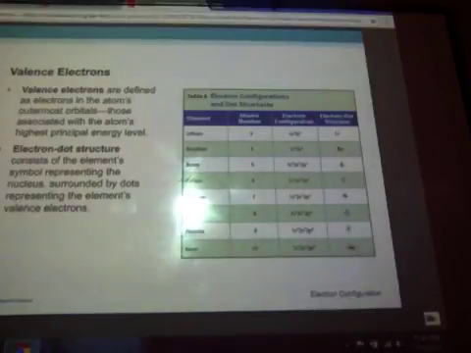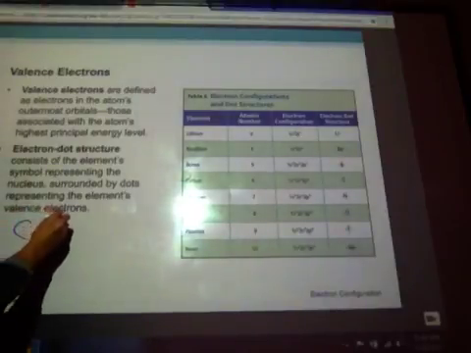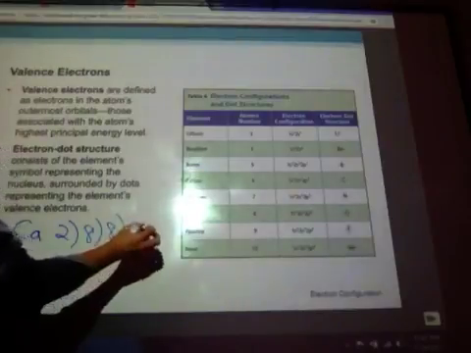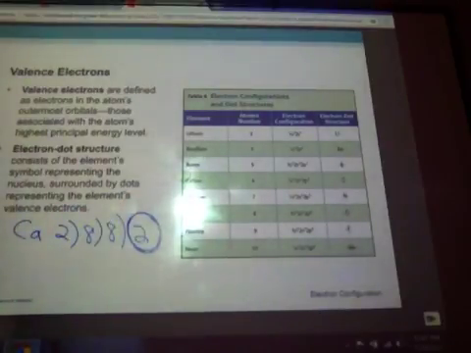Its symbol is? Ca. So look at the abbreviated configuration at the side of the box. Calcium is what? 2, 8, 8, 2. This is how many valence electrons calcium has.